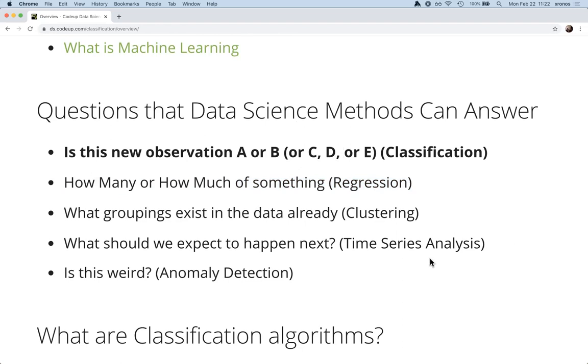So this whole module, we'll be spending about a week on lecture, and then I don't know if a whole week on the project, but yeah, is this observation A or B or C or D or E? Classification will be our intro to ML. Okay.